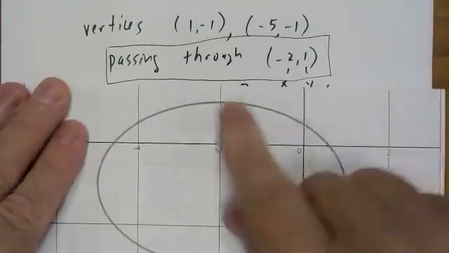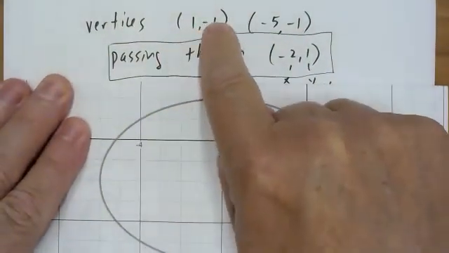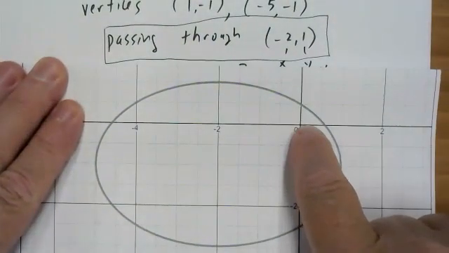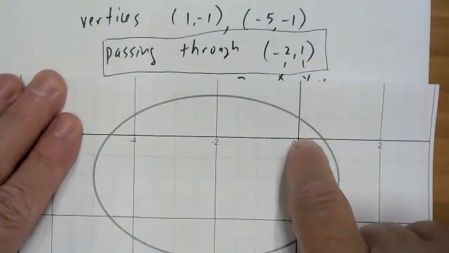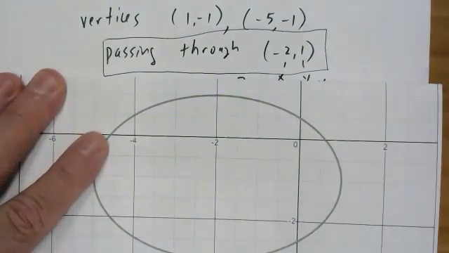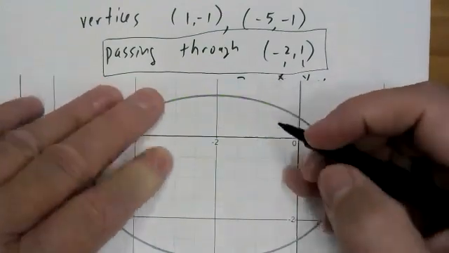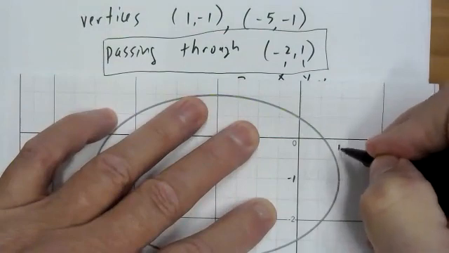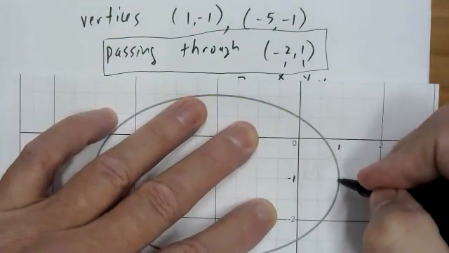Here's the information we're given. The vertices should be (1, -1) with this graph. Here's the origin. So (1, -1): this is -1 here, this is 1 here. So (1, -1) is right here.